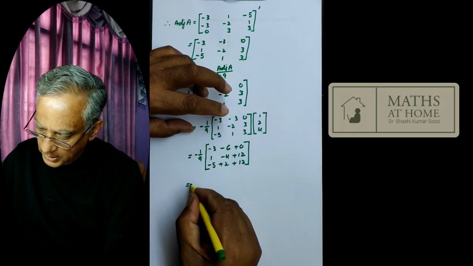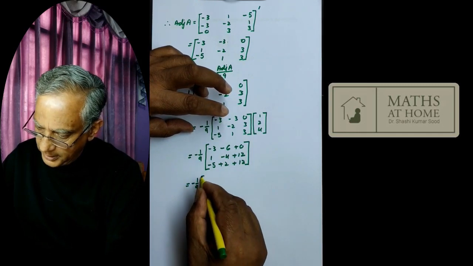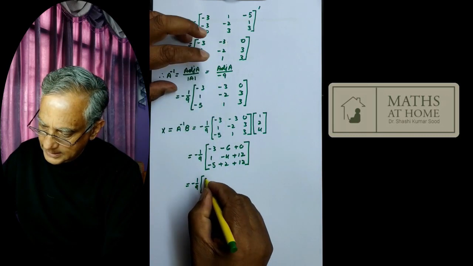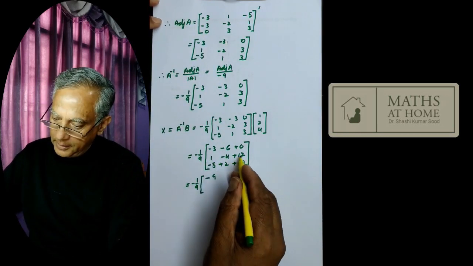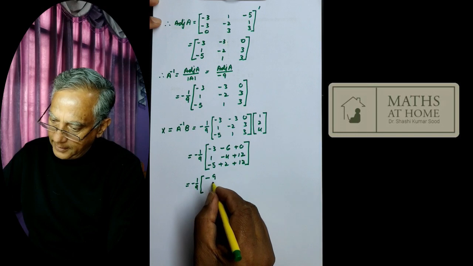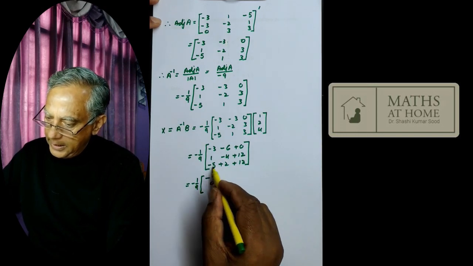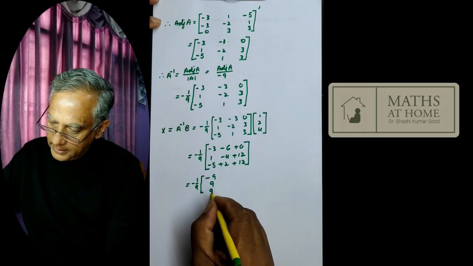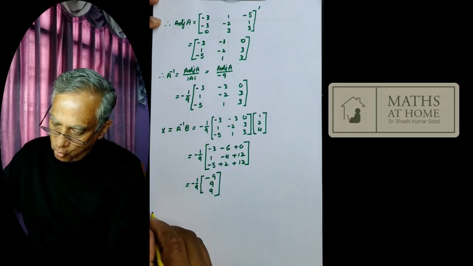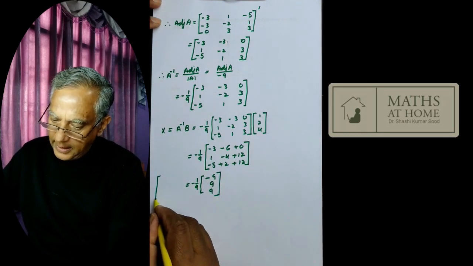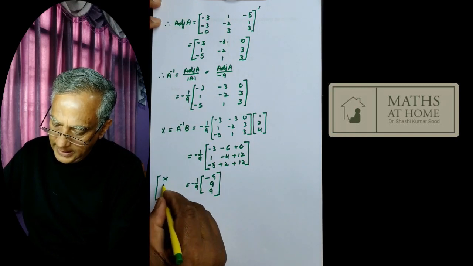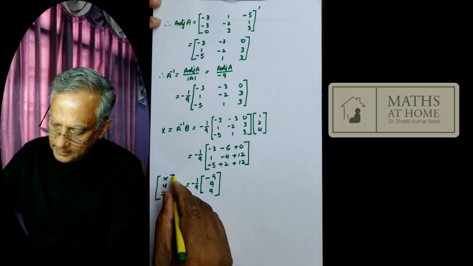Simplify this. Minus 1 by 9 into: this is minus 9, 13 minus 4 is 9, and this will be minus 3 and this will be 9. Therefore, X is x, y, z.